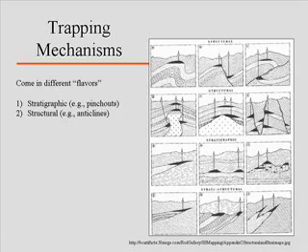The trapping mechanisms come in many, many different varieties, or if you wish, many different flavors. They can be stratigraphic in nature or structural in nature, or, as you'll see in a few minutes, a lot of other things. Now, the diagrams you see here, which are available online now for you to download when you want to, give you an idea of some of the different types of trapping mechanisms that have been observed and have been drilled into.